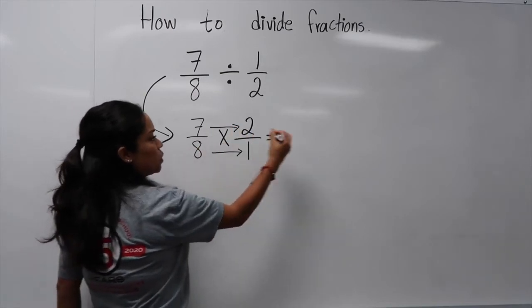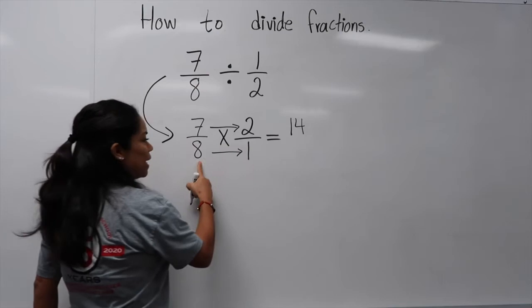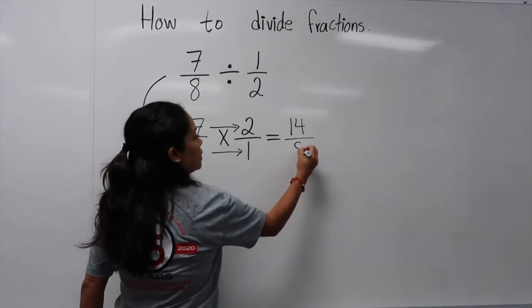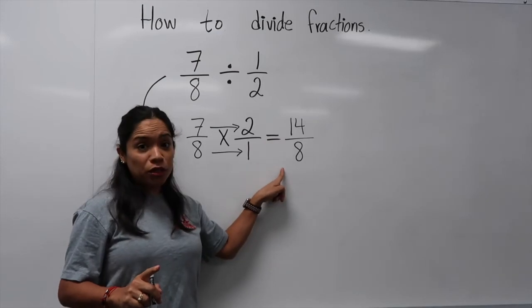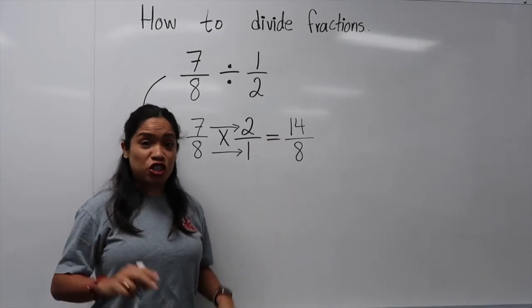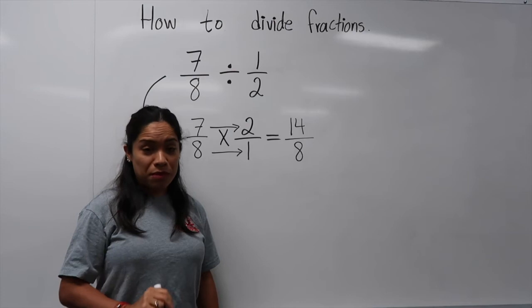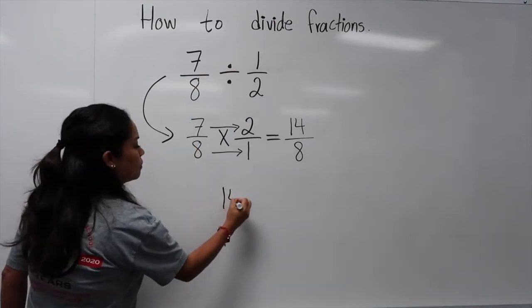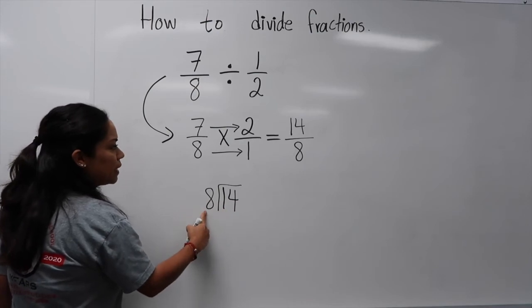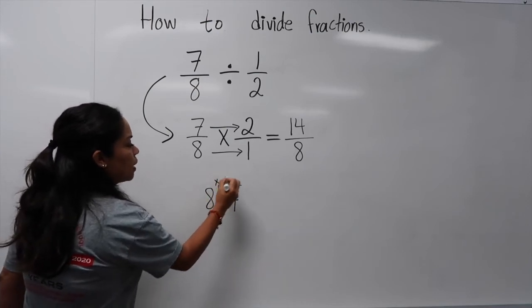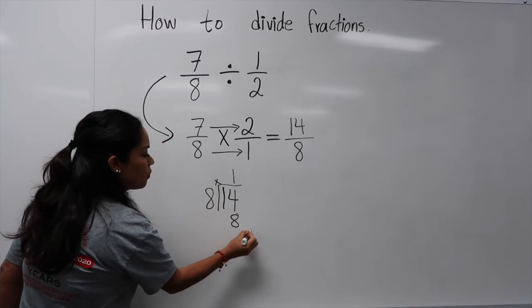So 7 times 2 is 14, and 8 times 1 is 8. Remember that when it's an improper fraction, we have to simplify it and change it into a mixed number. So we're going to divide 14 by 8. 8 times 1 is 8.